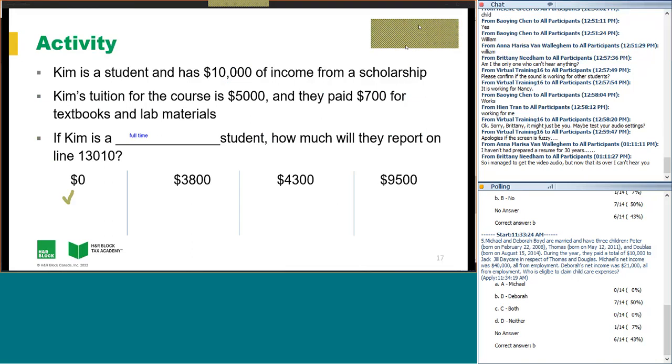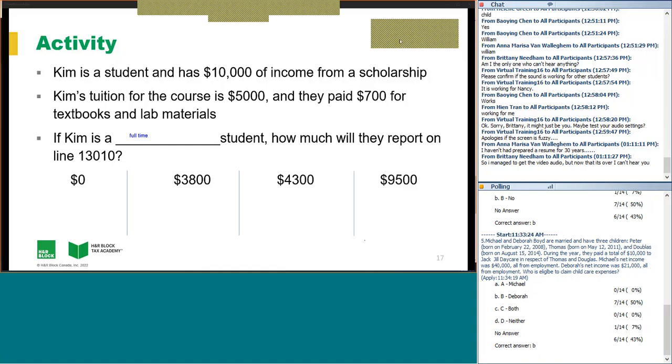Let's get some volunteers. Okay, a handful of people are saying 0. If you said 0, you are correct. You're going to have a tax slip, a T4A, with a set amount of money. You're going to identify that they're a full-time student. We'll talk about that a little more when we talk about receipts for tuition. But you're going to find out that they're a full-time student, and you're going to say tax exempt.